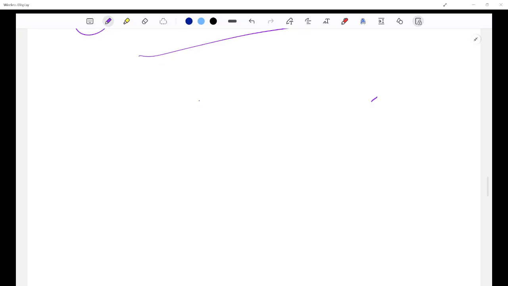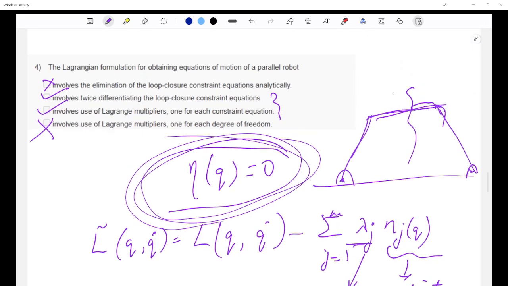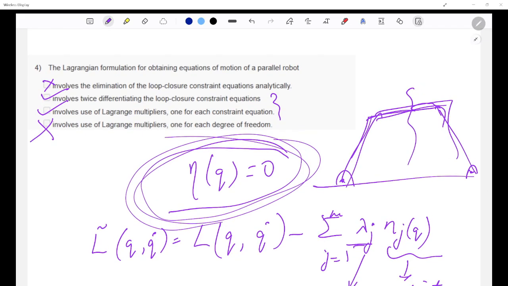The very important thing is that in parallel robots, holonomic constraints arise because the robot has closed kinematic loops, which we saw here. These loops force the joint variables to satisfy certain geometric relations at all times. So what do we mean by holonomic constraint? It is a constraint that can be written purely as a function of configuration variables, meaning a function of position. So these constraints depend on joint positions and not velocities.